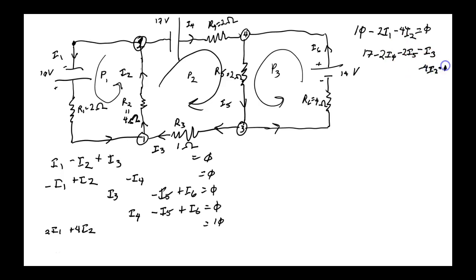That's equal to 0. Okay. So let's get that in the other direction. And let's start with the 4I2 plus I3 plus 2I4 plus 2I5. And that's equal to 17, right?